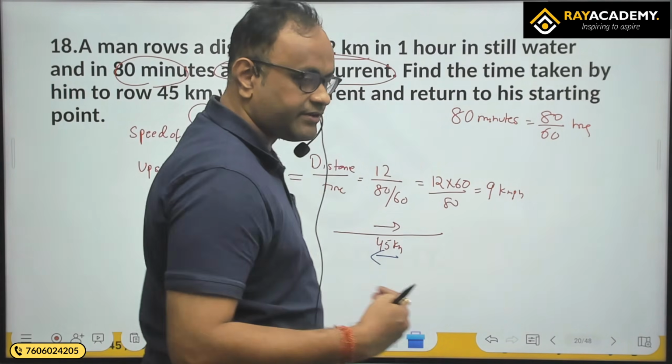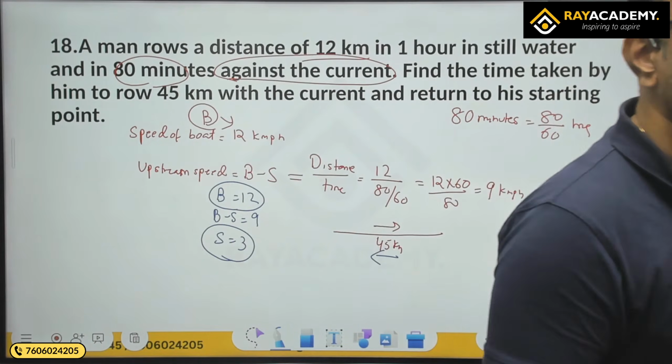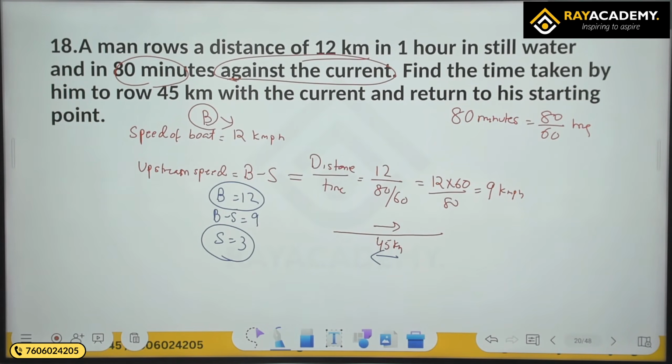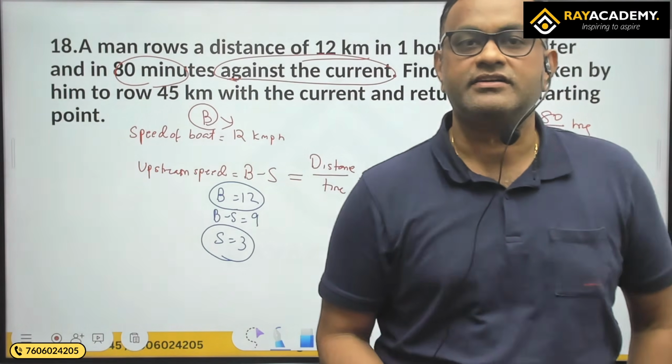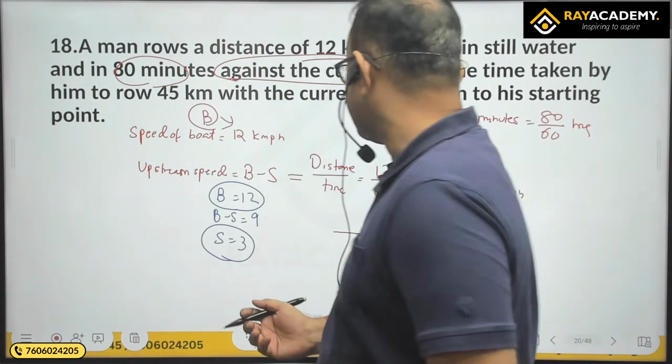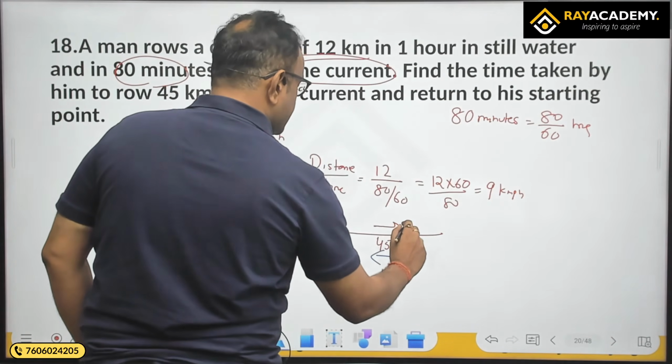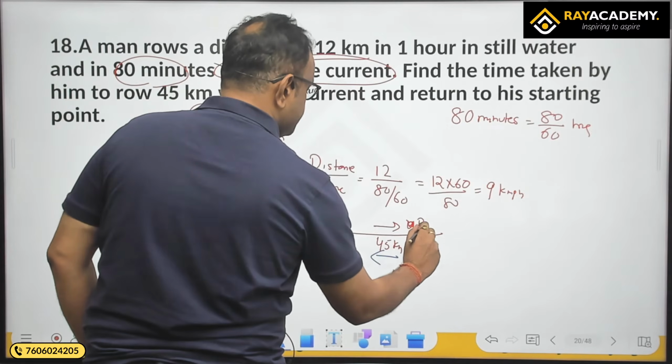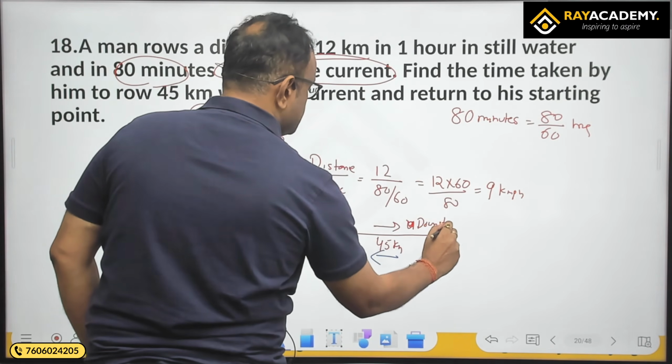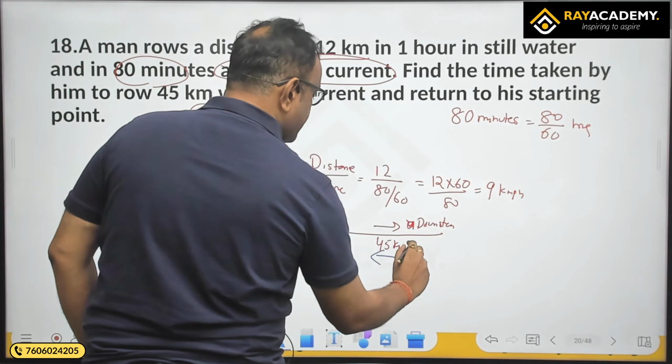So while going 45 kilometer with the current, it will be considered as downstream, but while coming back, it will be considered as upstream. So one part of the journey will be downstream, and another part, the return part, will be upstream.